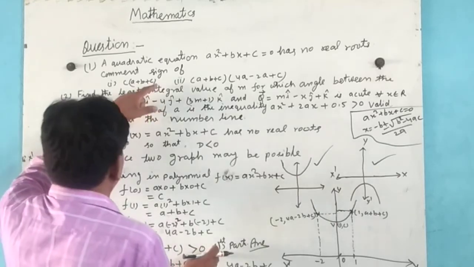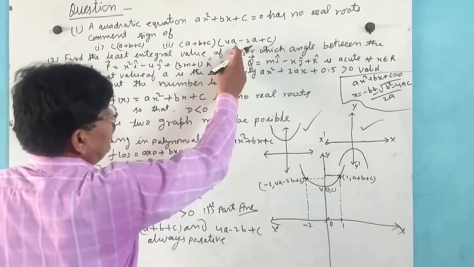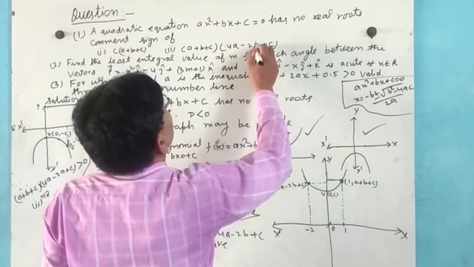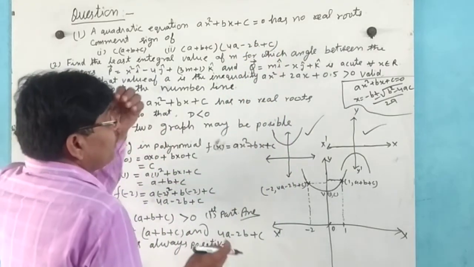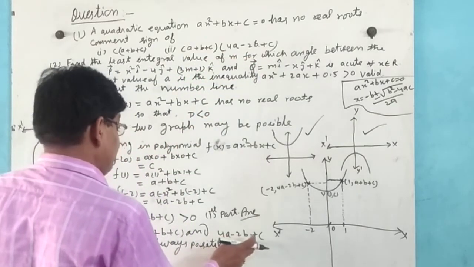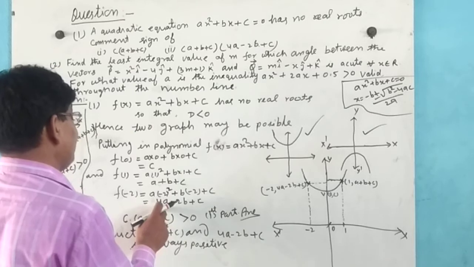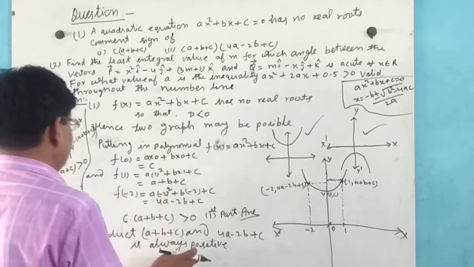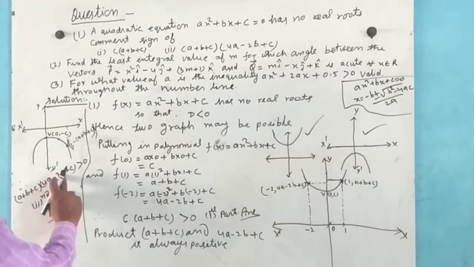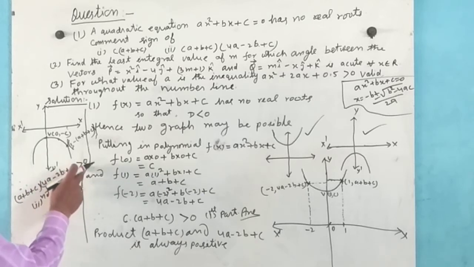The first part is proved. And the second part is the product of (a + b + c) and (4a − 2b + c). The product of these is always positive, so that (a + b + c)(4a − 2b + c) is greater than 0.